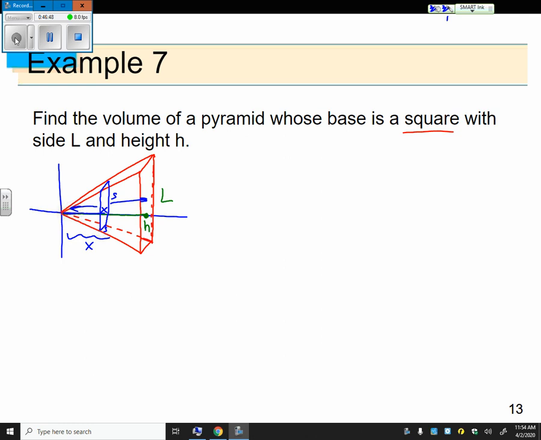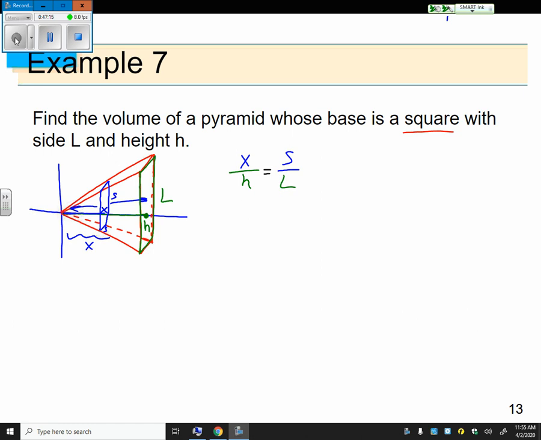So the height of this small pyramid is x, and then the height of the big pyramid is h. So I'm going height to height is equal to the length of a side of the small square in the middle, S, while the length of the side down here on the base is going to be L.